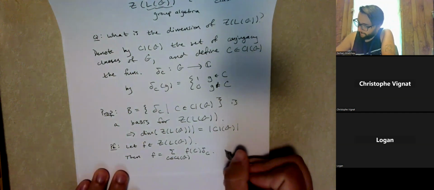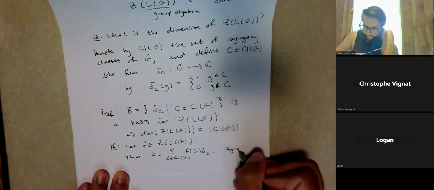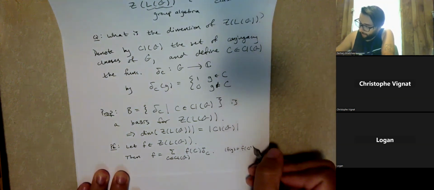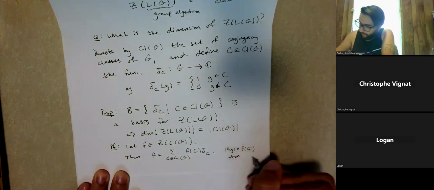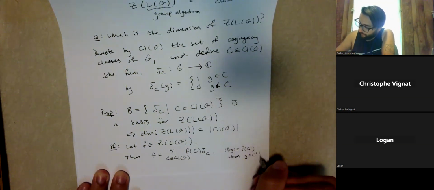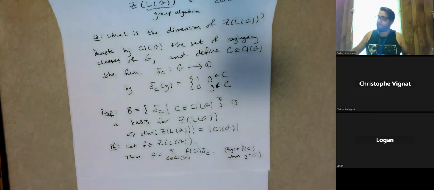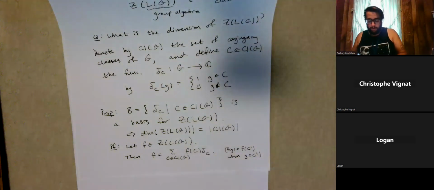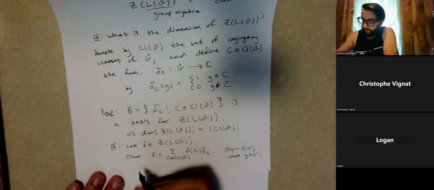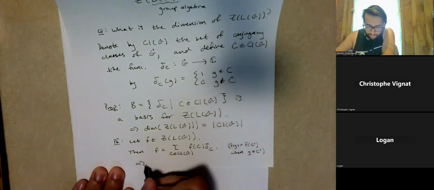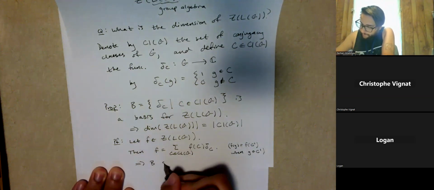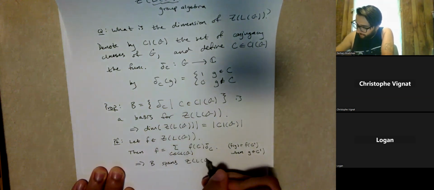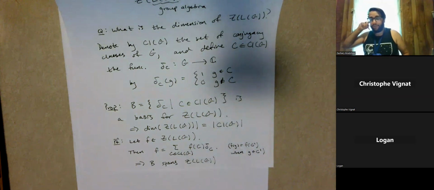Because F of g is equal to F of C prime when g is in C prime, because we're assuming that F is in the space of class functions. So this immediately establishes that B spans the space of class functions.